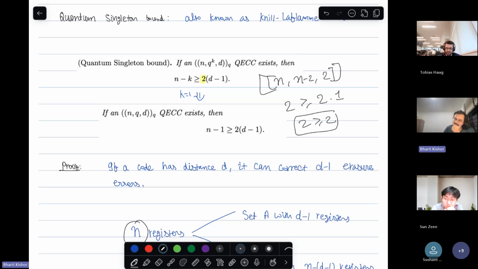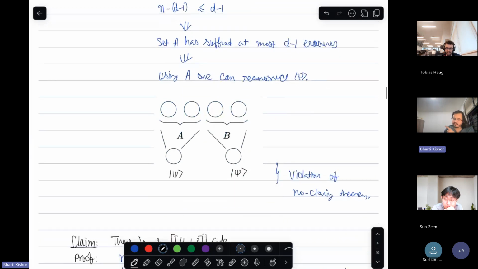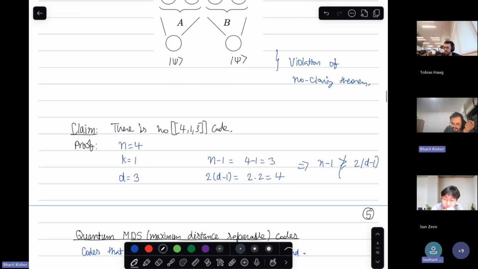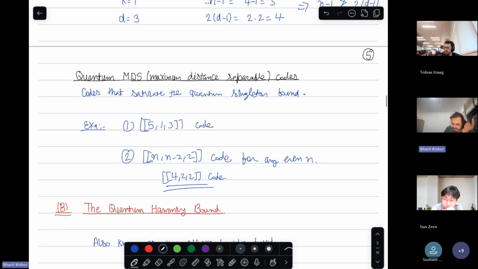Yeah. So the claim is that this holds for any even n. I'm not claiming that it does not hold for odd n, but I believe there must be some other reason, like some other bound, or maybe those codes do not exist or something. I don't know. For example, let's try the 312 code.